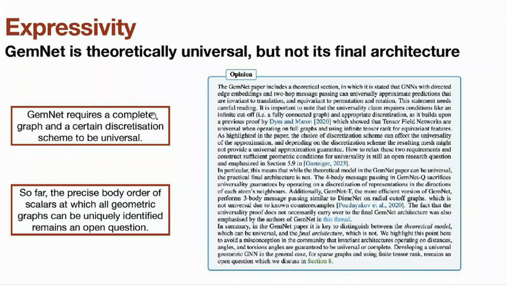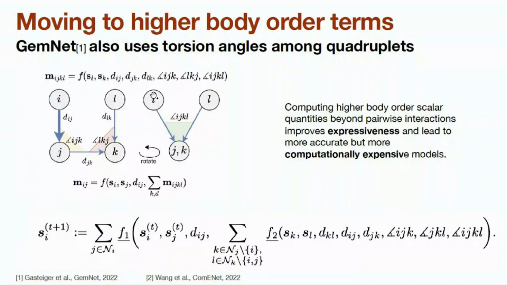So instead of looking at a local graph, you need to consider all pairs of nodes being connected and a certain discretization to really prove the universality. And also, this computation is not trivial at all. For every four bodies, you have to enumerate them and compute these angles. It requires a lot of computational cost.